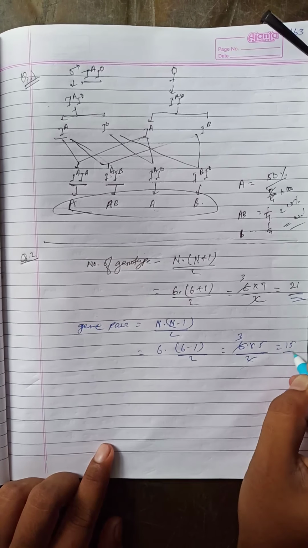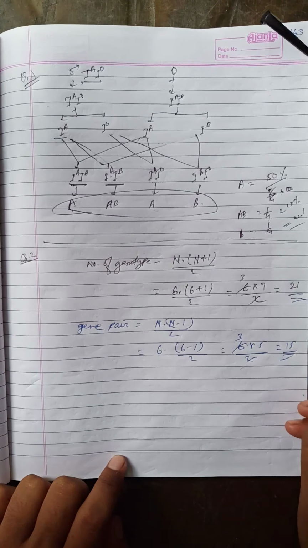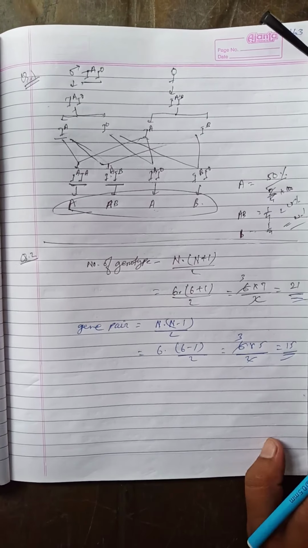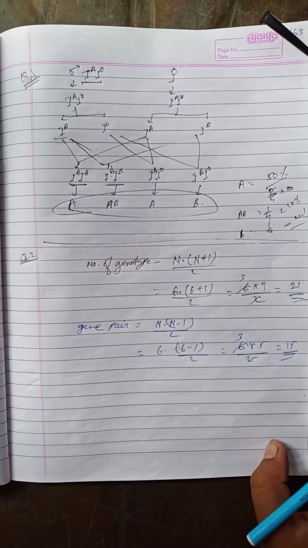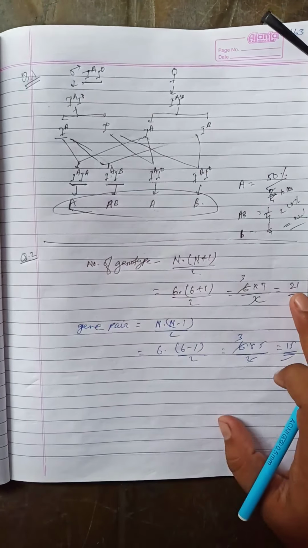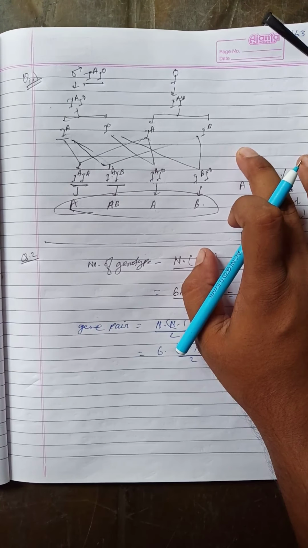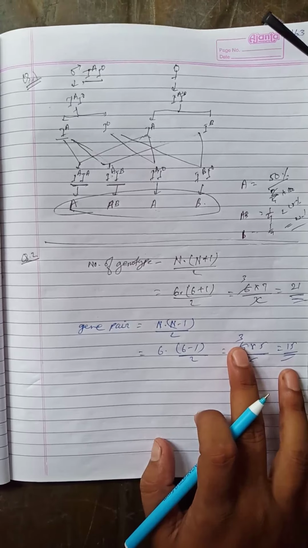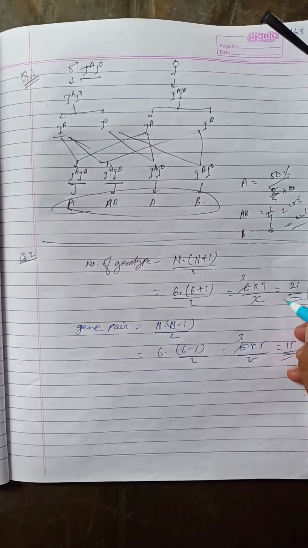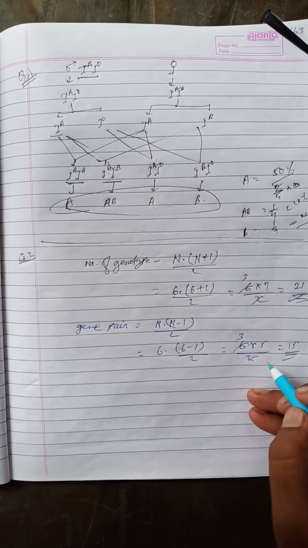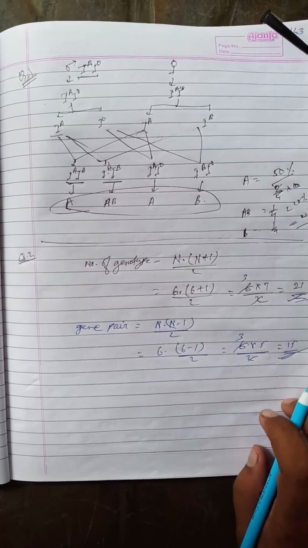That means 15 gene pairs will be produced in this question. Is it clear? Here is the solution to the questions given before. This is the answer to the first question and this is the answer to the second question. The number of genotypes produced is 21 and the number of gene pairs produced is 15.